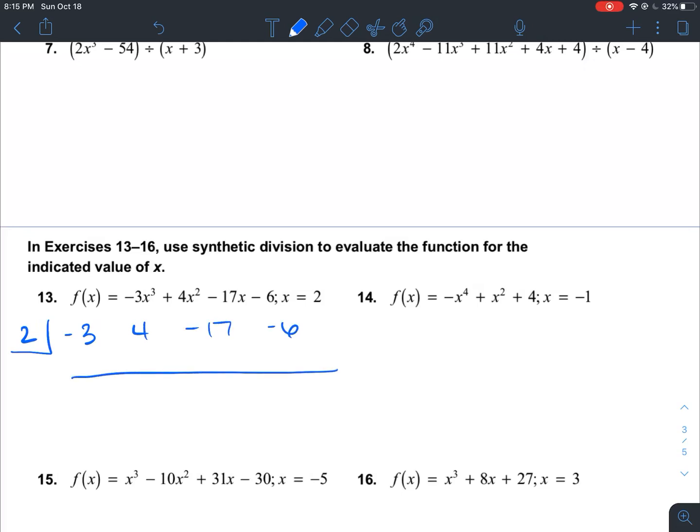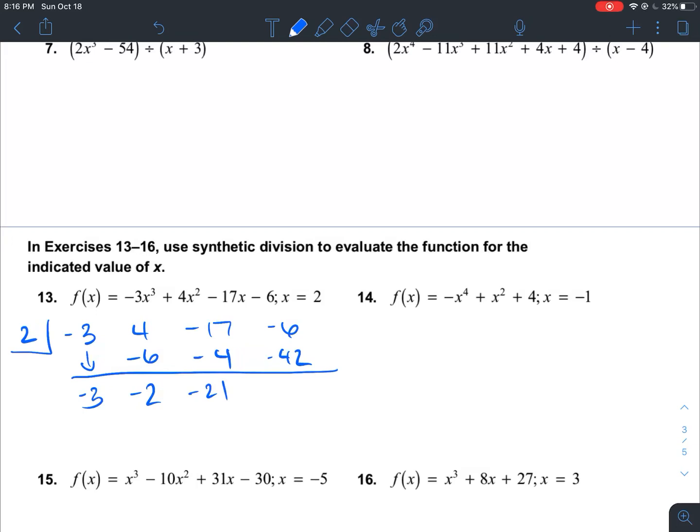You drop the -3. So multiply those, you get -6. When you add these together, you get -2. -2 times 2 is -4. 17 and 4 is 21, so -21. -21 times 2 is -42.